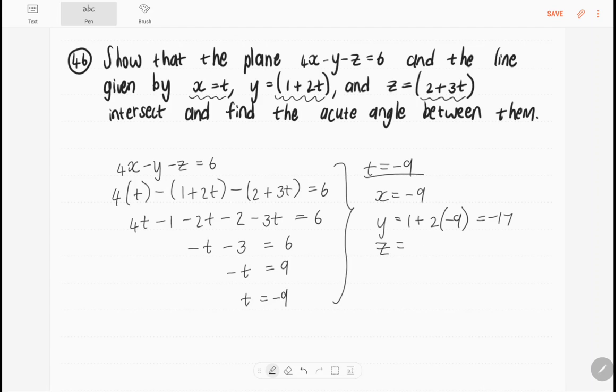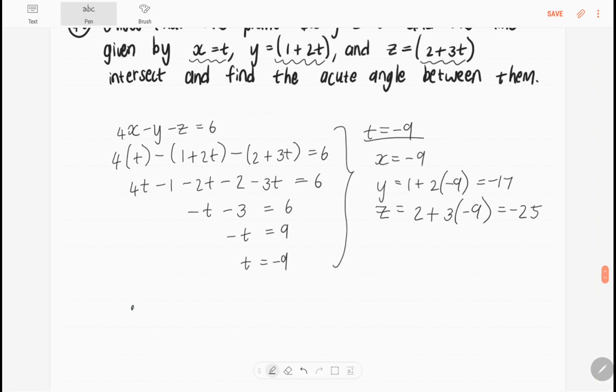And z is going to be 2 plus 3 times minus 9, which is going to give us minus 25. So the point of intersection is minus 9, minus 17, and minus 25.